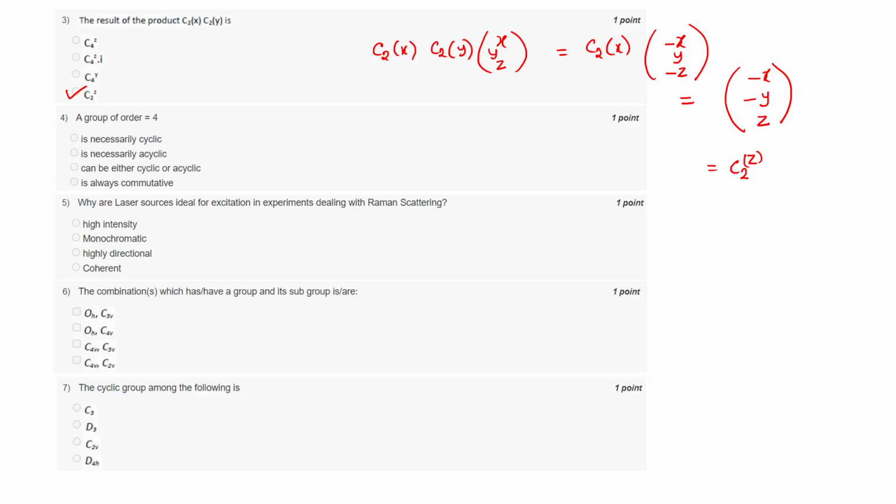One option will be commutative, and the second option may be cyclic or acyclic. When is a group called cyclic? Means repeated operation will produce the other elements, let's say 1, omega, omega square kind of group. If you operate once again, then it will produce another element of the group.